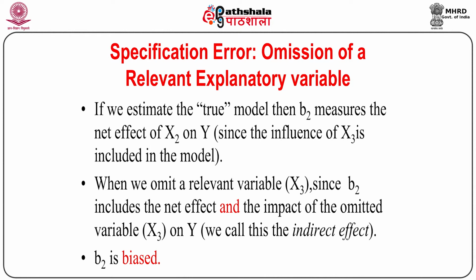And as a result, beta 2 will be biased. So, you can see that if we exclude the relevant explanatory variable, the resulting estimate of the coefficient of the included explanatory variable will be biased.